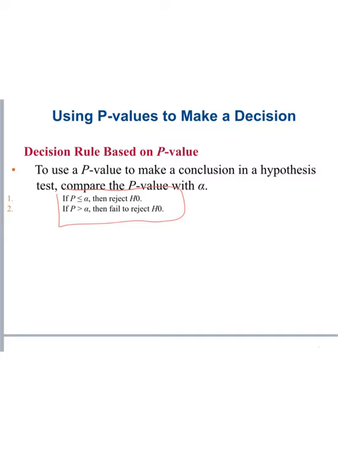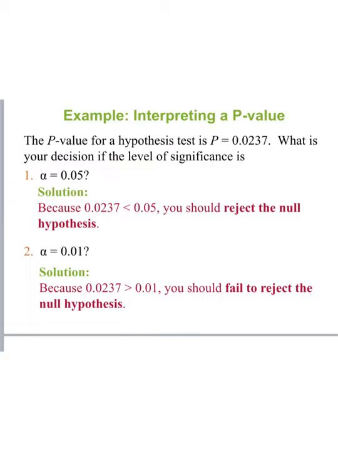And we are really comparing two areas. Remember, p-value is the area, and alpha is usually given to you in a problem. It's also an area. And the p-value you figure out by the test statistic. It's the area trapped by the test statistic to the left, to the right, or into corners. Let's say in this situation the p-value is 0.0237.